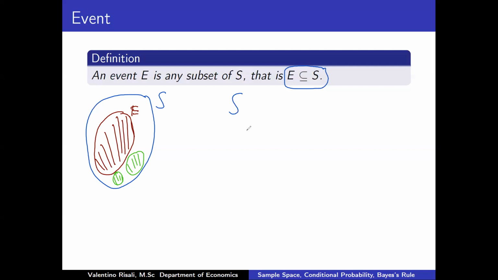I mean, what is the event that is surely contained in S? An event that obviously exists in S.